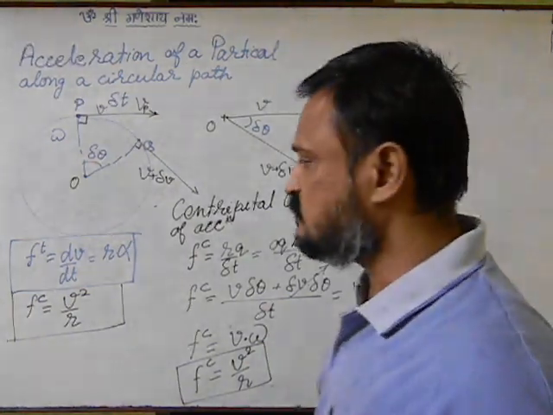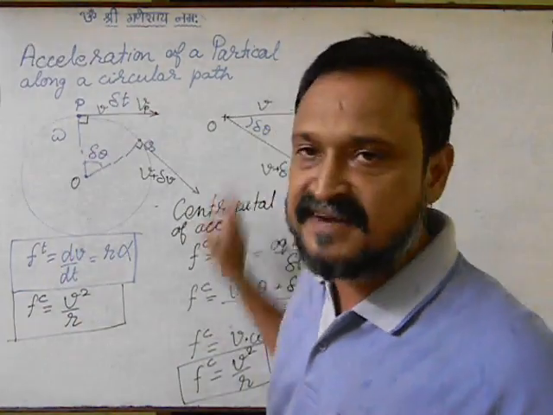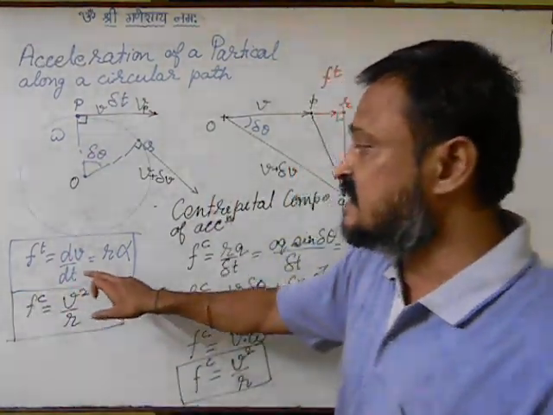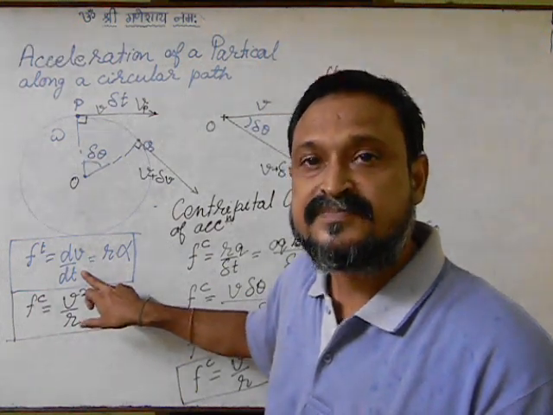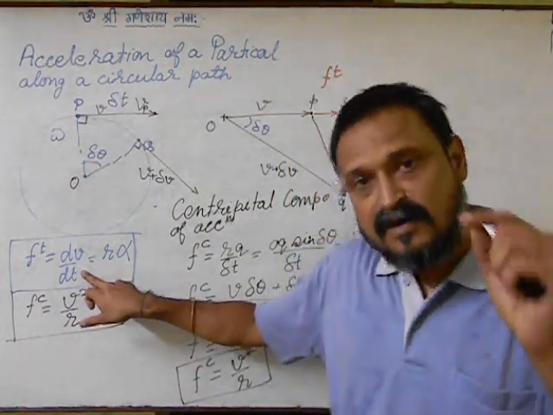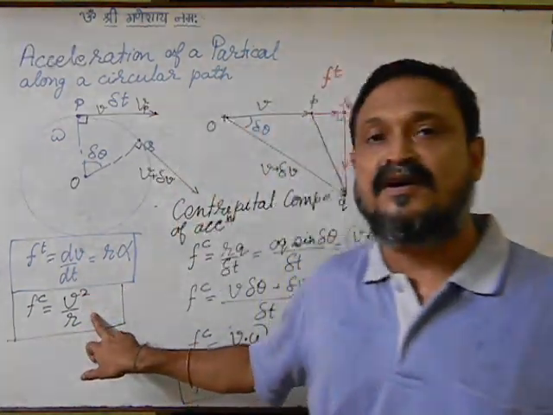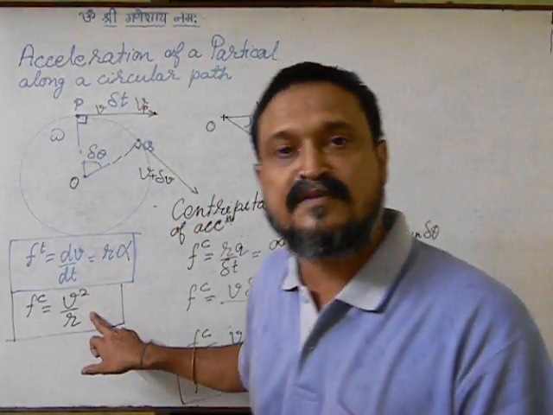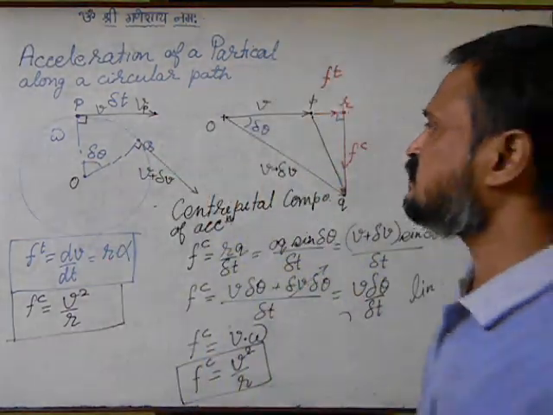And one thing we have to understand here, these are all vector quantities, right? So the direction of this vector will be parallel to the tangential path at that given instant, and the direction of the centripetal component of the acceleration vector will always be pointed towards the center of rotation.